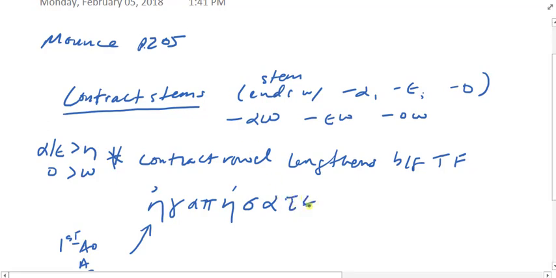Now, what if I wanted to make this middle? What would I do? Well, the augment would stay the same. My alpha of agapa would have to lengthen to the eta before I add the same sigma alpha for the aorist middle, but then I just have to use the secondary middle passive endings, right? Not the active ones. So what would be the first person singular in the middle?